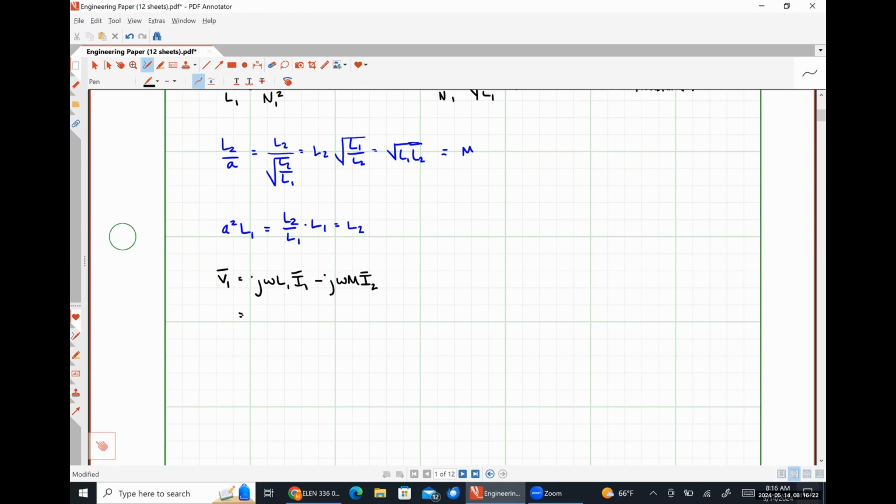We're going to play around with this a little bit. So j omega L1 I1 is going to stay the same. Now we're going to have minus j omega. We just found out a moment ago that M could be written as the square root of L1 times L2. So let's put that in here.